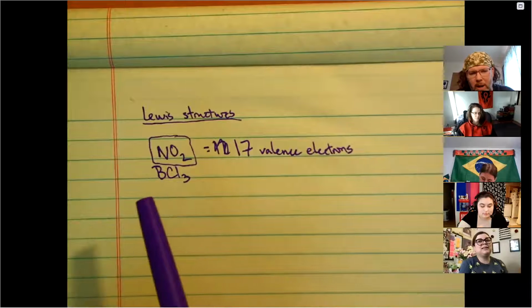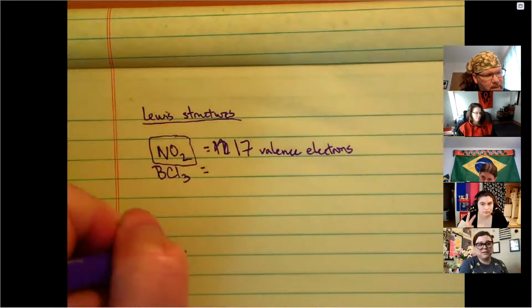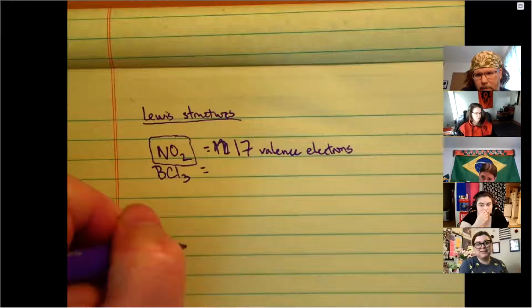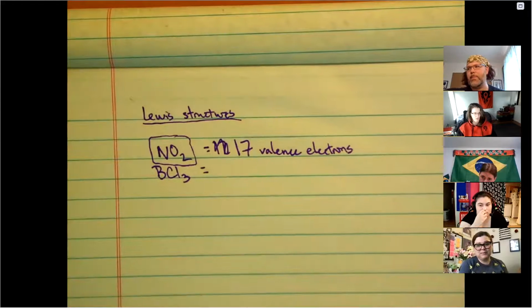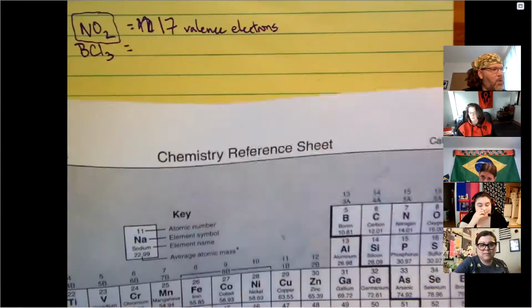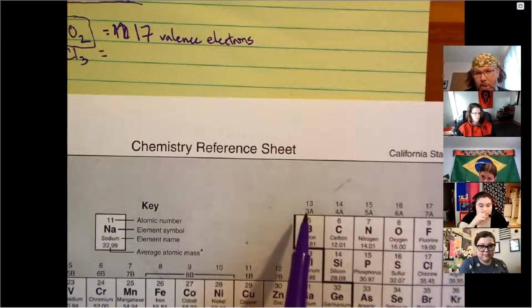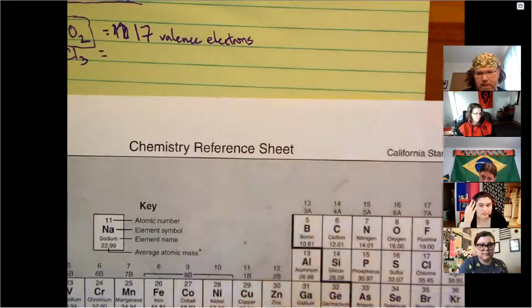How many total electrons did you count up for BCl3? How many total valence electrons? I got 24. So if you're still confused about how that works, I'm looking at boron and seeing that it's in group 3, which gives it 3 valence electrons.